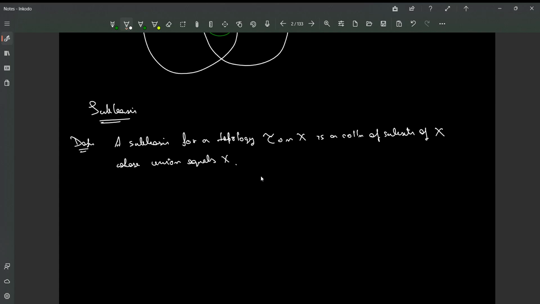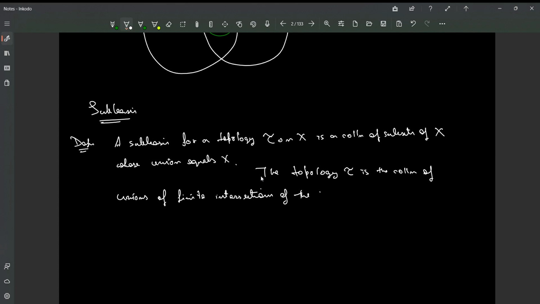Moreover, this is not that valid a point. The most valid point is that the topology tau is the collection of unions of finite intersections of the subbasis elements.